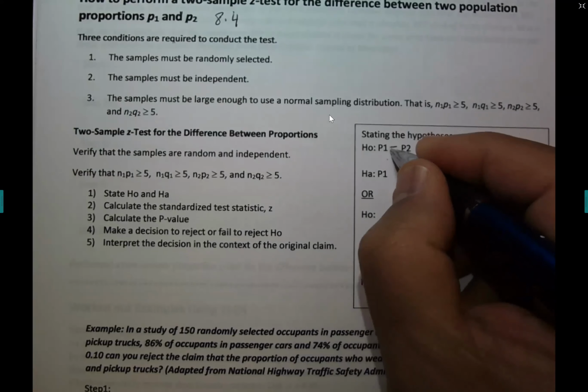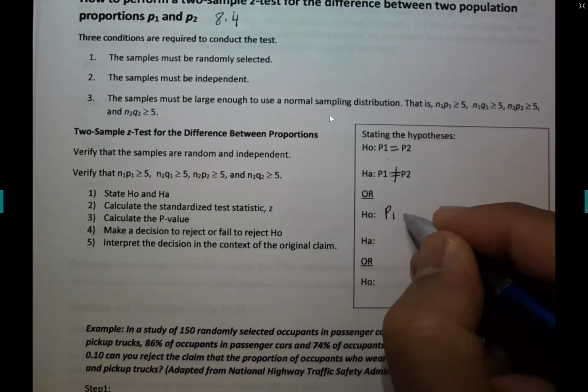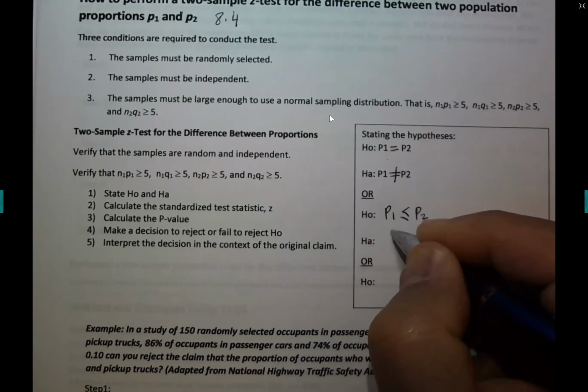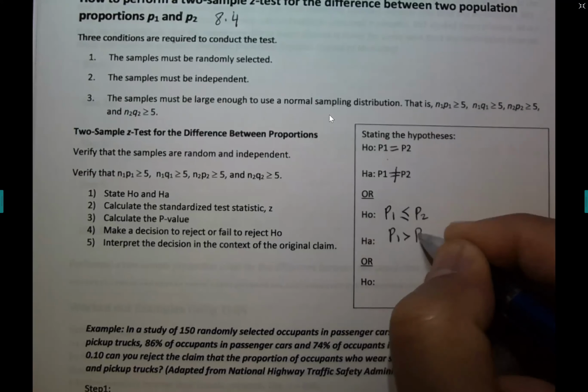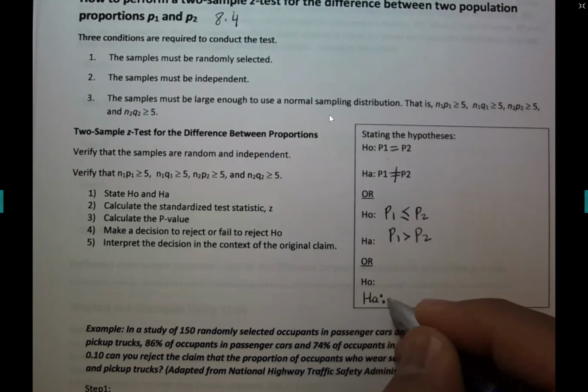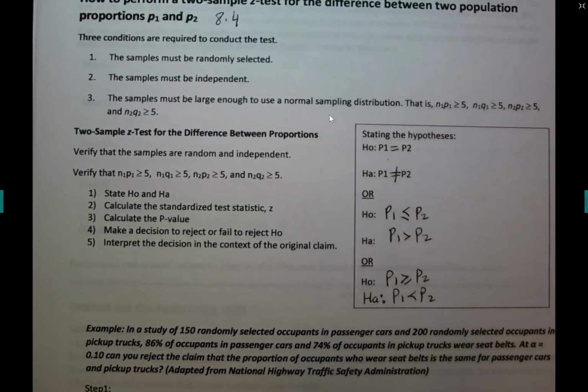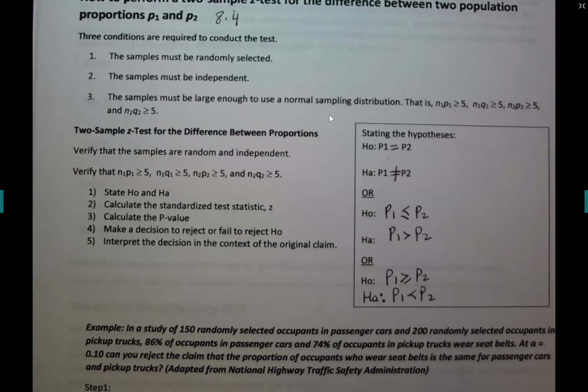You could have an equal or not equal here. Or you could have P1 less than or equal to P2, P1 bigger than P2. Or you could have P1 greater than or equal to P2 or P1 less than P2 when testing the proportion. It's one of those three.